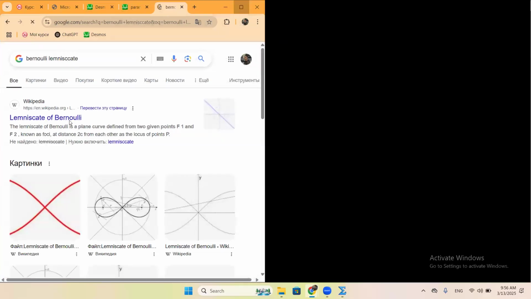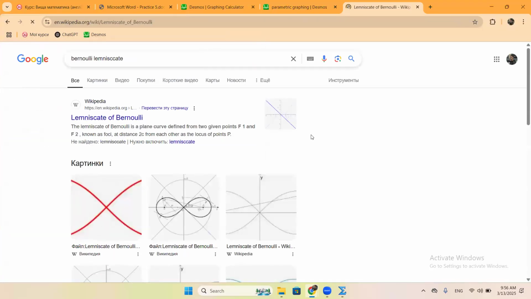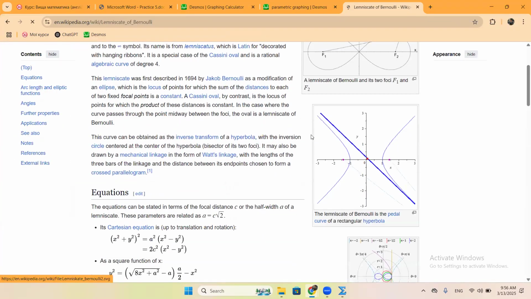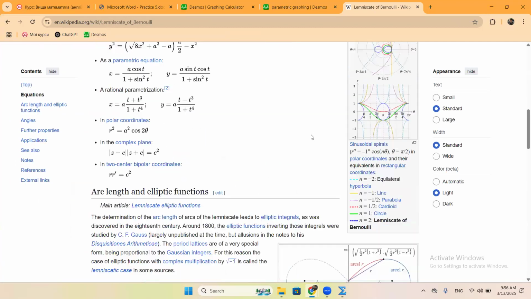Let me remember this formula. Cosine of 2 phi.